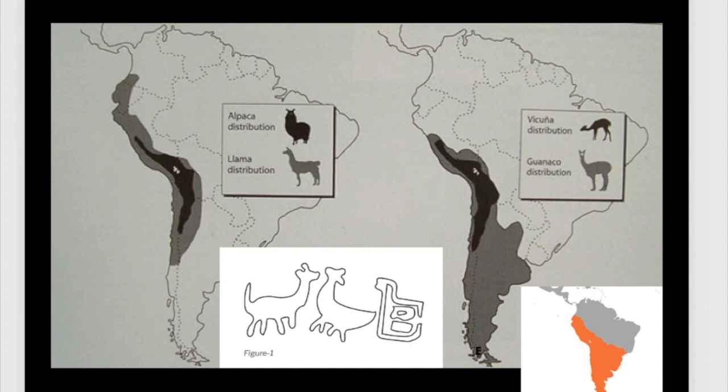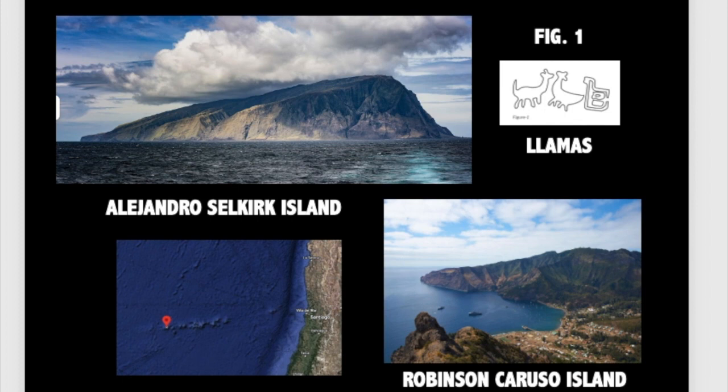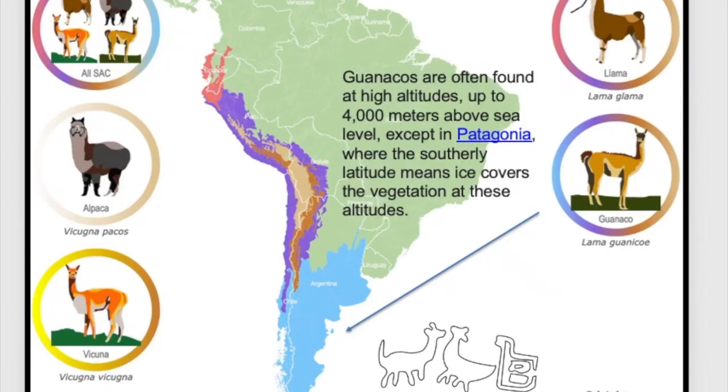There's different types of animals that these could be. So I kind of just messed around, and what I found was that these might actually be seals. And the llamas that are at low elevation are actually more towards Patagonia because of the ice. Normally they like to be up at high elevation.